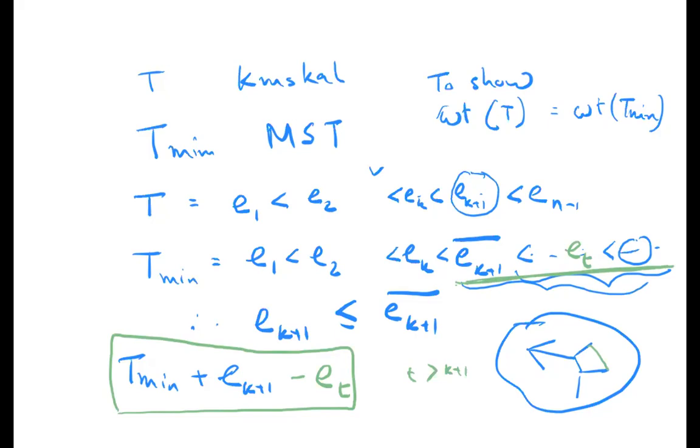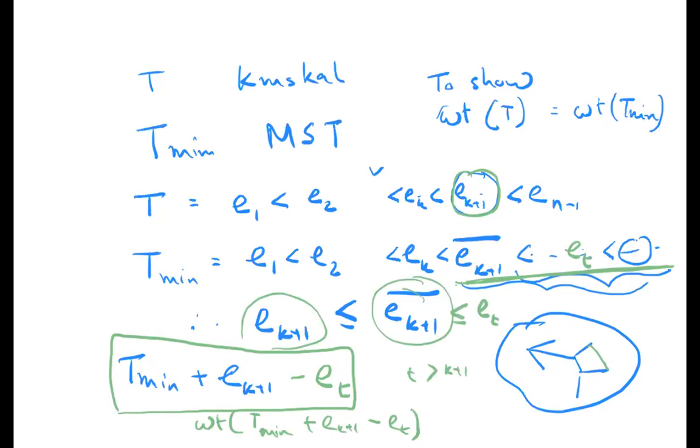But what is the weight of this spanning tree? It is the weight of T mean plus EK plus 1 minus ET. But since EK plus 1 is lesser than or equal to ET, I have added something lower and removed something bigger.